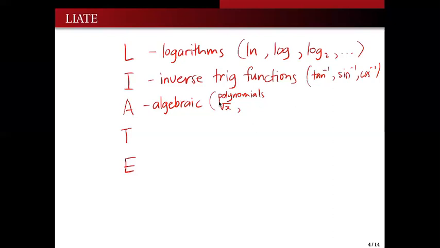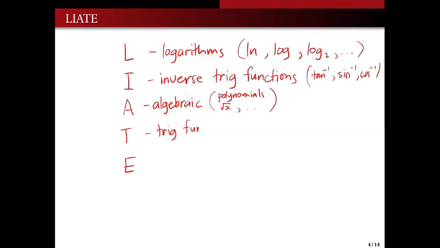So polynomials or radicals, etc. And then you have T, which is trigonometric functions.